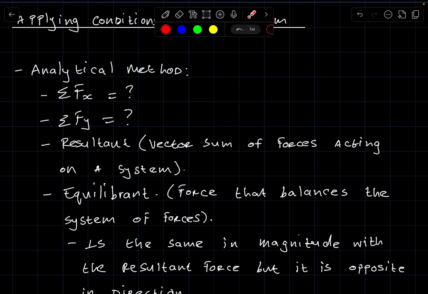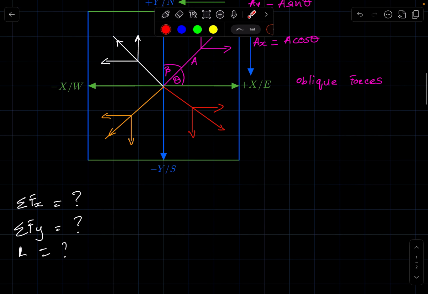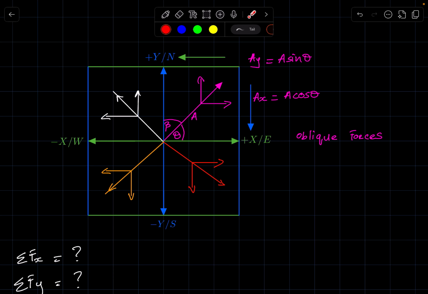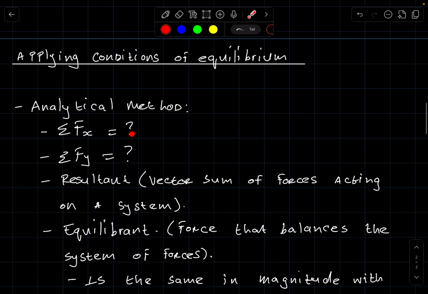That is to say that when calculating the magnitude of the x component of the resultant, if the answer you get is negative, remember, going back to your plane, that means that the x component is headed west, which is towards the negative x direction. So if you get this as negative, you have to express your answer as west.